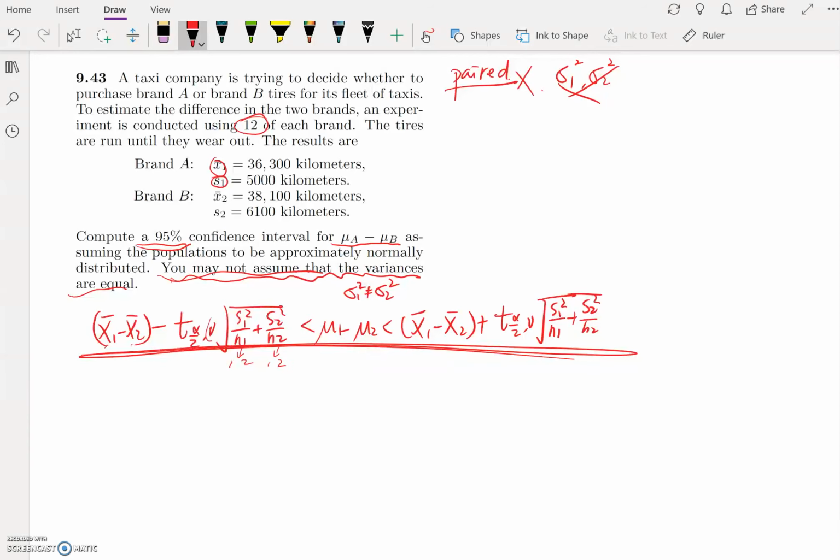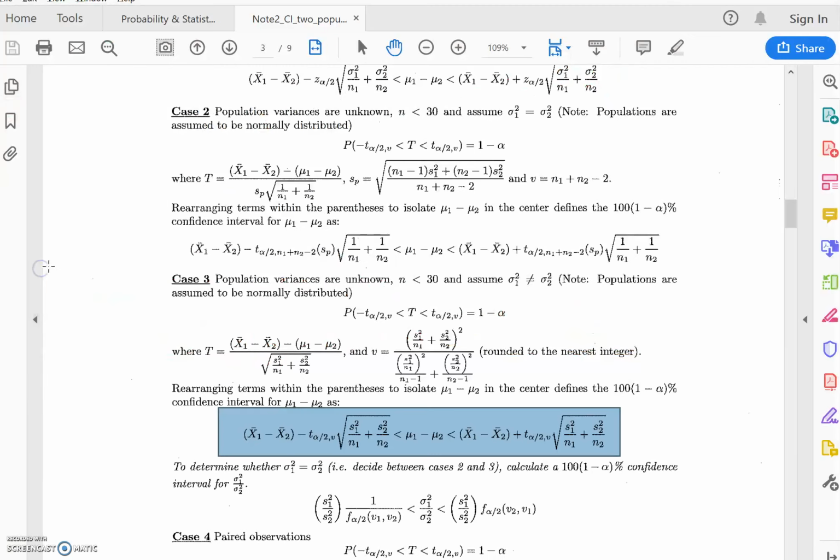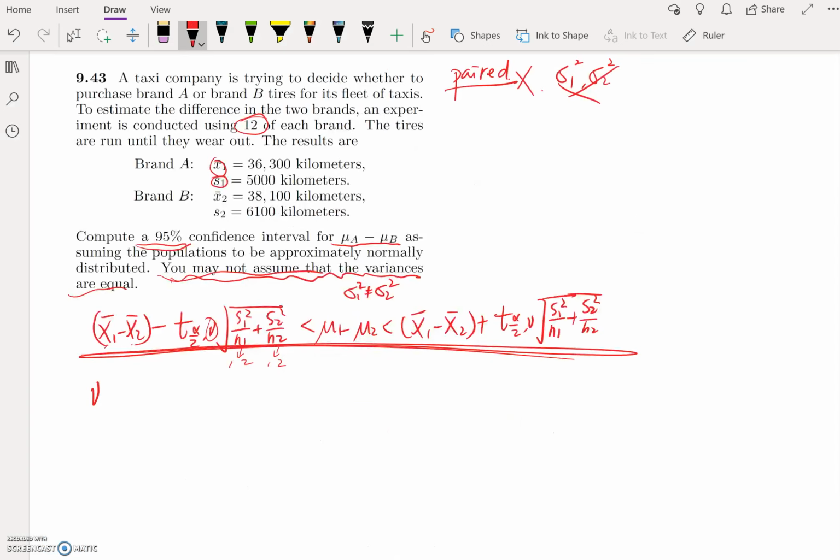Here, the only thing we don't know is the degree of freedom v, and we need to find v through this formula. v equals (s1 square over n1 plus s2 square over n2) squared, divided by [(s1 square over n1) squared over (n1 minus 1) plus (s2 square over n2) squared over (n2 minus 1)].